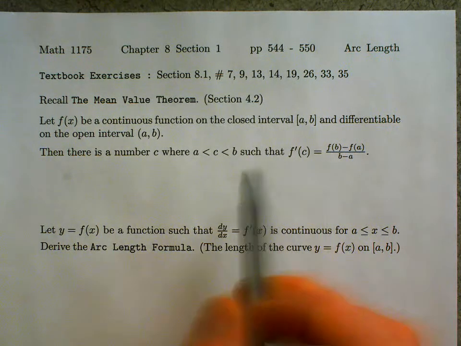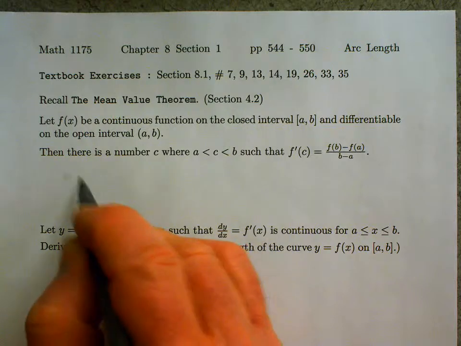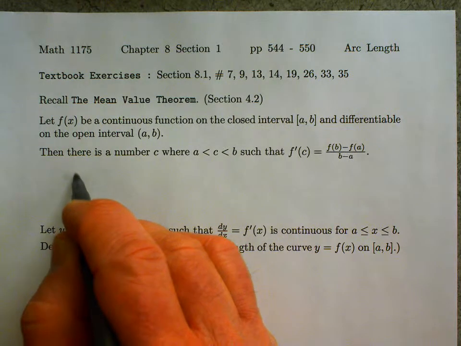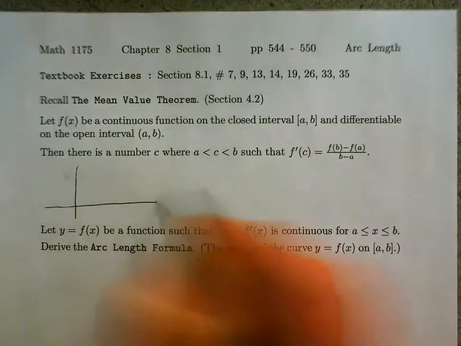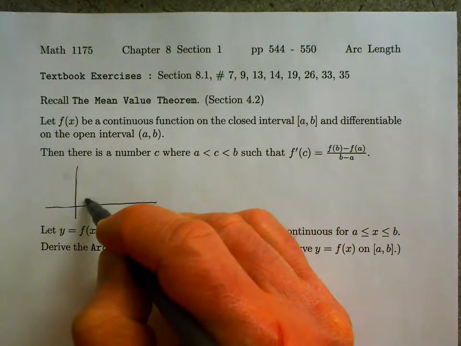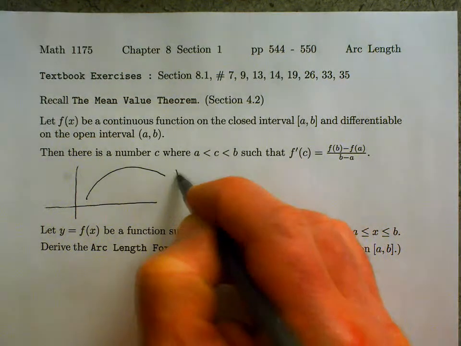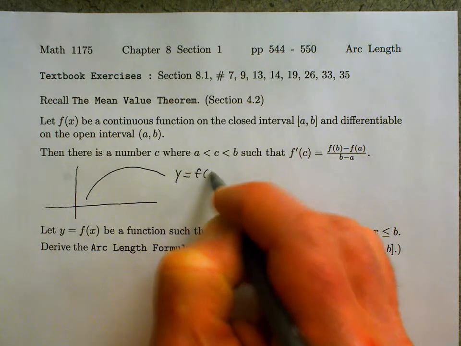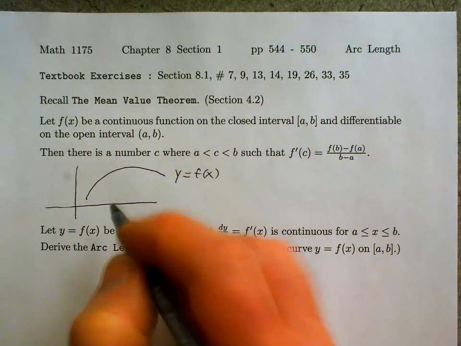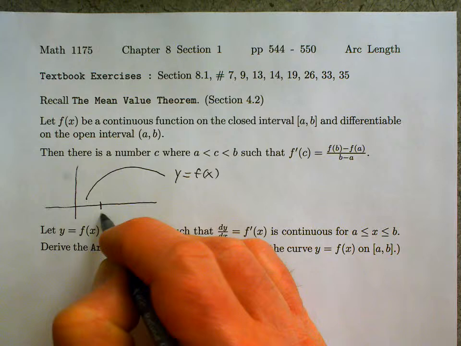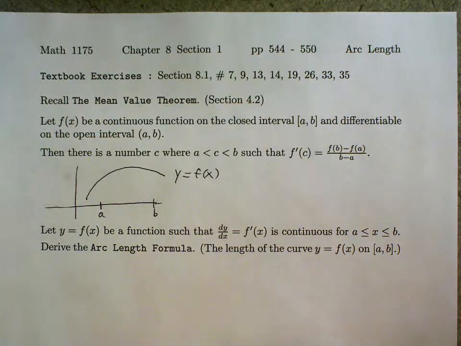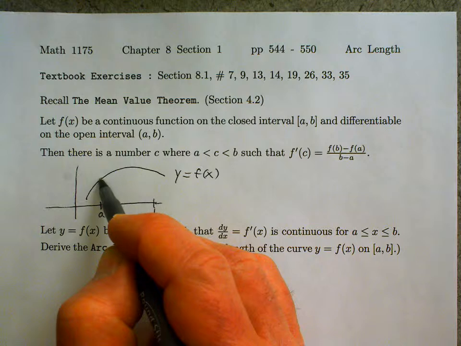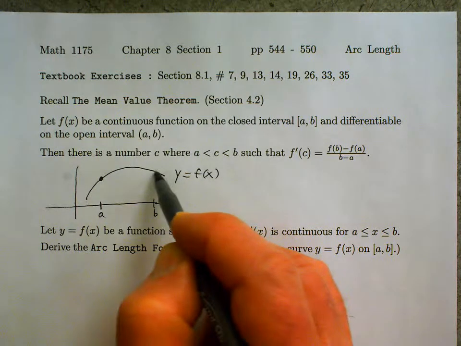So I'll draw a little picture to illustrate the mean value theorem. Suppose we have some function y equals f of x, and then on the interval from a to b corresponds 2 points on the graph.